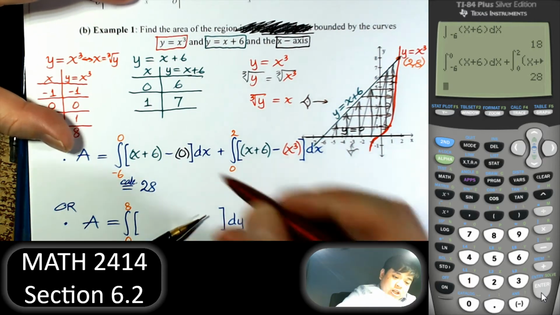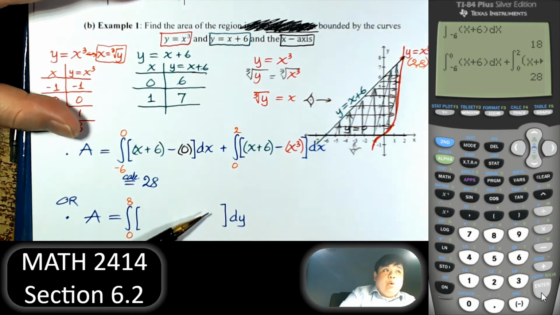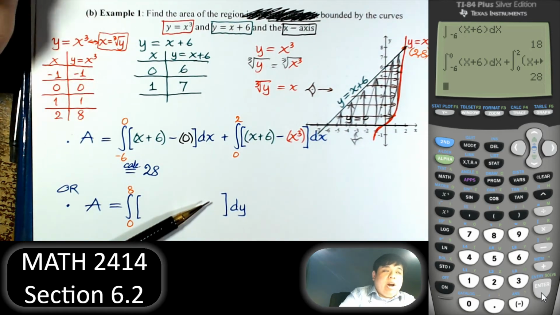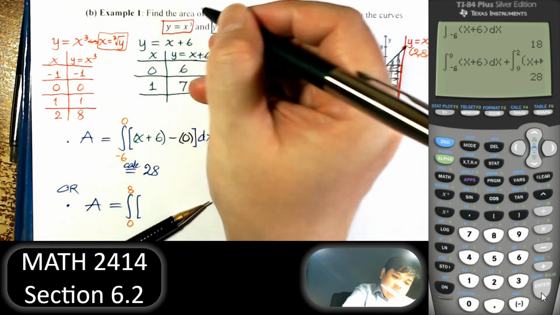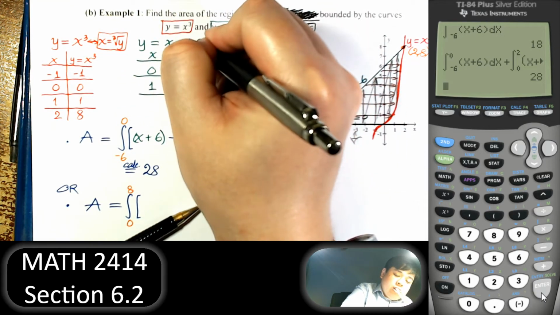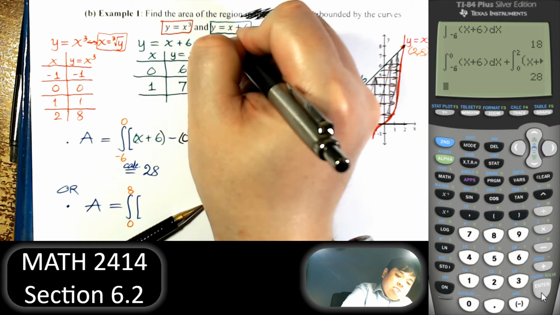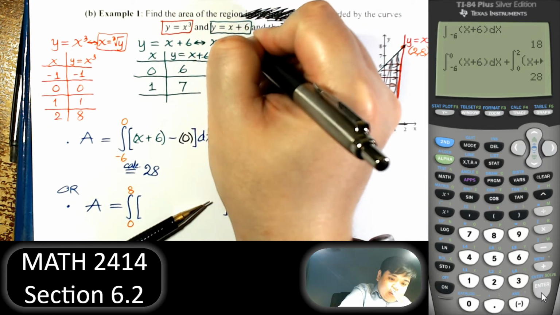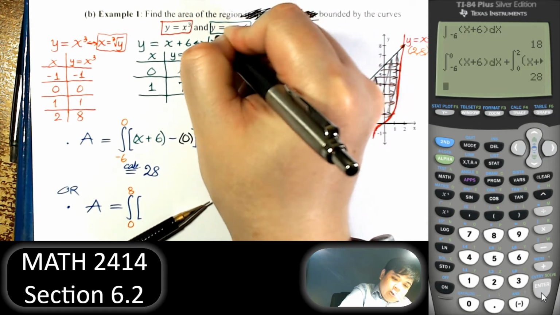And we're going to use this function because we need y. We don't need x. So x is a function of y. And then when we have y equal to x plus 6, this one is easy. Subtract 6 on both sides. x equal to y minus 6. And we're going to use that function.